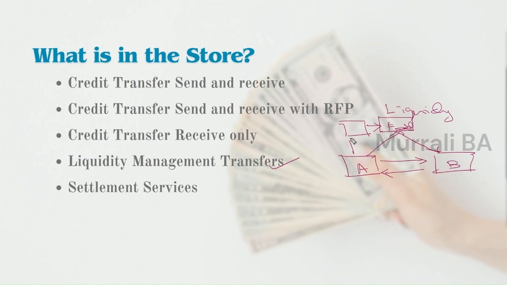Your bank can request the other bank, and the other bank can be a FedNow participant who chooses to be in liquidity management transfer only for your bank. So they will ensure that your liquidity account or your central bank account will have enough cash for you to make the FedNow transfers.